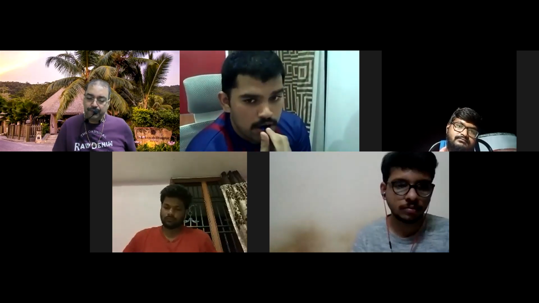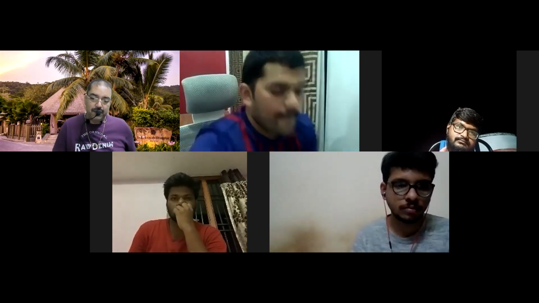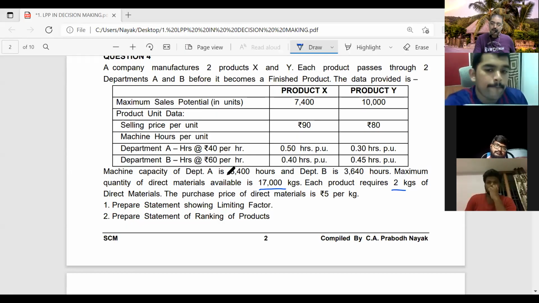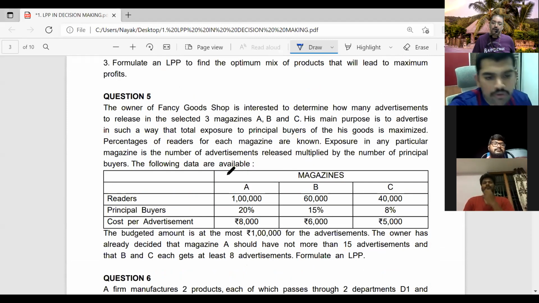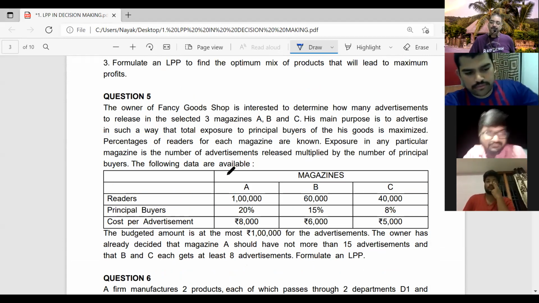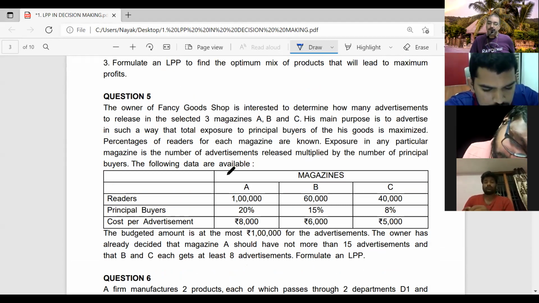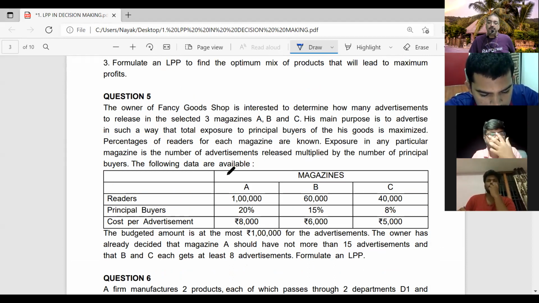Question 5. The owner of fancy goods is interested to determine how many advertisements to release in the selected 3 magazines, A, B, and C. His main purpose is to advertise in such a way that total exposure to principal buyers of his goods is maximized.